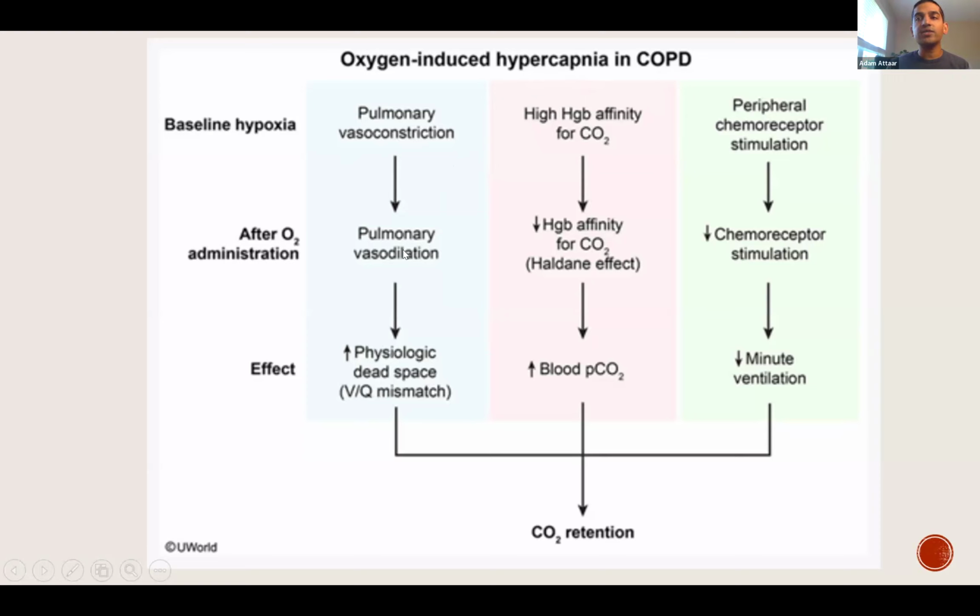However, if you increase oxygen saturation, this can then perfuse these poorly ventilated units and result in more VQ mismatch. Second, something known as the Haldane effect. Hemoglobin usually has a high affinity for CO2, but with increasing concentrations of PaO2 in the blood, this can bump off the CO2 and increase blood levels of pCO2.